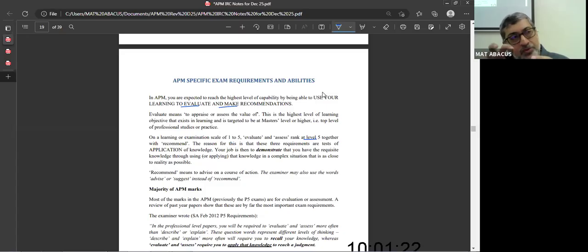But the style, the way in which you apply that knowledge is very specific in APM. And because it is so specific in APM, when the examiner just wants that application, and students haven't had exposure to the application, you're in difficulty. And so, if there are 10 marks, the full 10 marks are really for the evaluation and the recommendation.